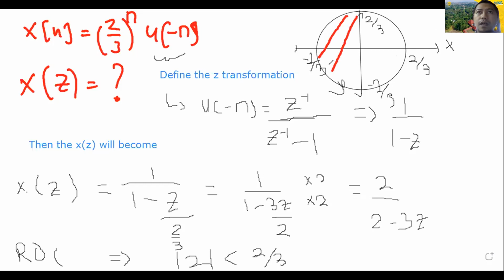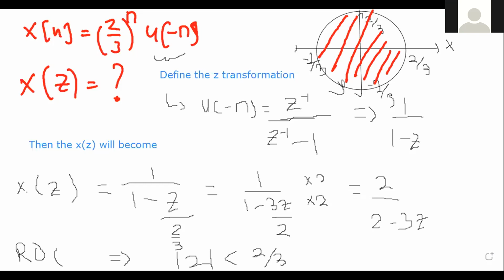So the area is here inside. Please explain it to us, maybe a bit short. First step, we focus on the u minus n to define first the transformation.